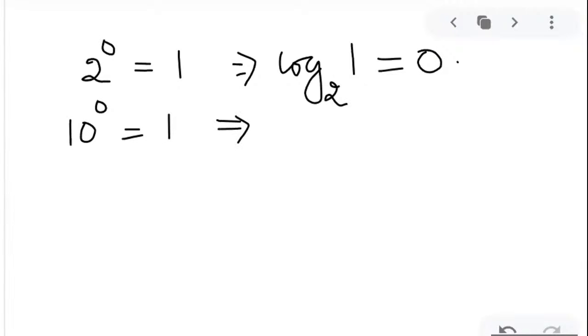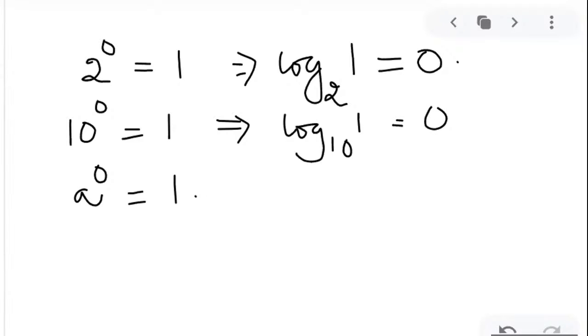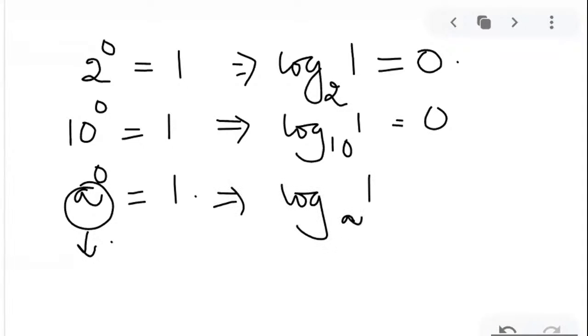Now what is the logarithmic form of this? Log 1 to the base 10 is equal to 0. Any a power 0 is equal to 1 only. Any non-zero number to the power 0 is equal to 1. So the logarithm of 1 to any base is equal to 0.